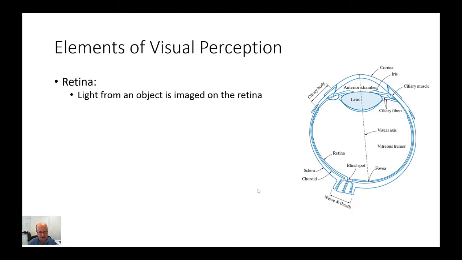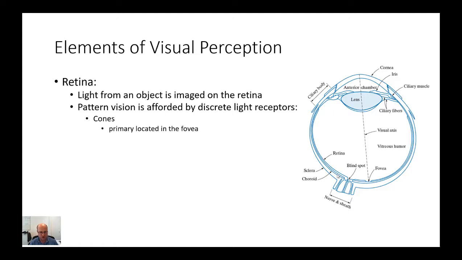Okay, so the retina, as we're seeing, picks up the light from any object, and the image is formed on the retina. Patterned vision is afforded by discrete light receptors, which are the cones, primarily located in the fovea here. They are highly sensitive to color, specialized in fine details in bright scenes, and that's why they are connected to one nerve cell per cone.